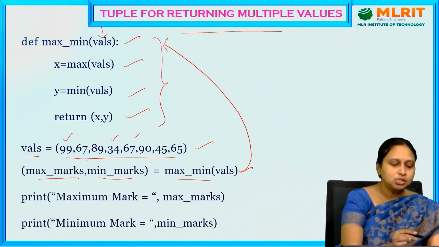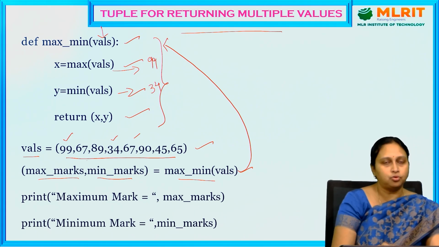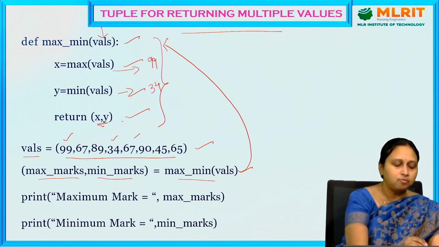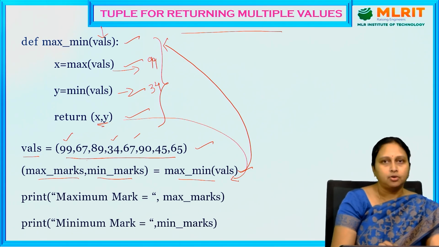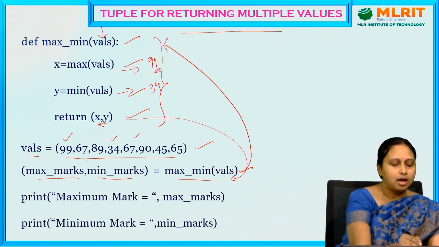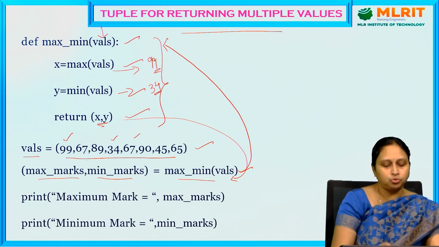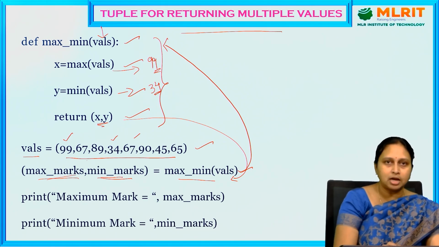These values have been assigned to X and Y. X will get 99 and the minimum value Y will get 34. And we are returning these X, Y values to the same function which we are calling here. Now, this X value, 99, and Y value, 34, will be given to these variables, max marks and min marks.